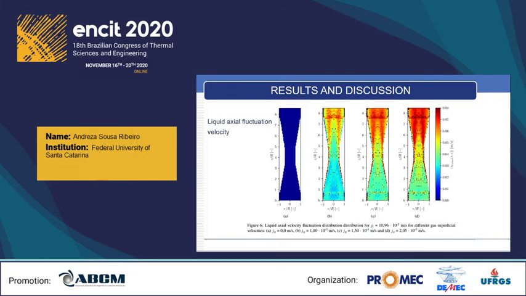This figure shows the liquid axial fluctuation velocity distribution for the laminar case and different gas superficial velocities. The result shows that a small quantity of bubbles in the flow results in a significant increase in turbulent fluctuations in the liquid phase.